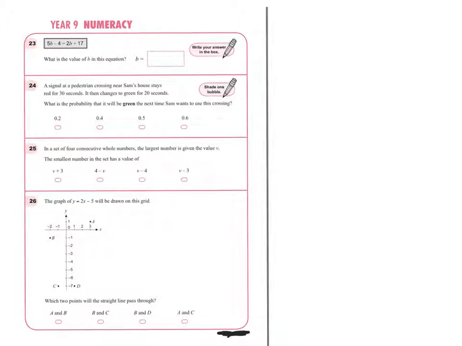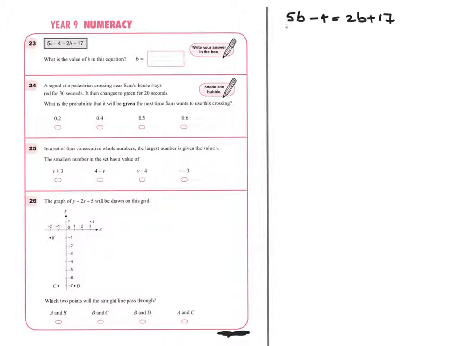So the first question we have here is about finding what is the value of b in this equation. We're just gonna solve it algebraically. If we have 5b take away 4 equal to 2b plus 17, what we're gonna do is move like terms to one side.